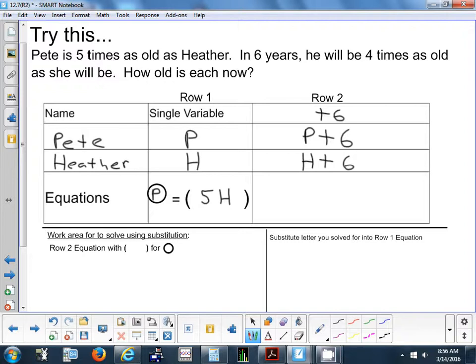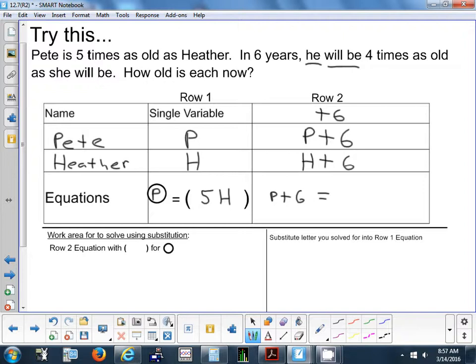Now you're going to use H plus 6. All right, so it says in 6 years, he. Who's he? Pete. And how do we represent Pete? In 6 years, P plus 6. So Pete will be equals. Remember that is, will be, or was all mean equals.